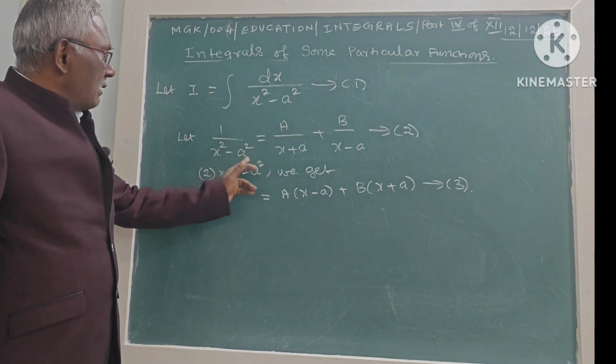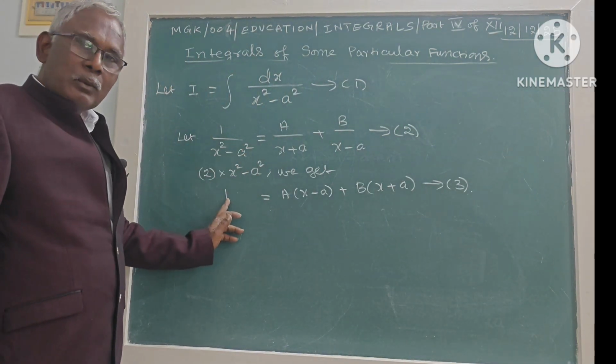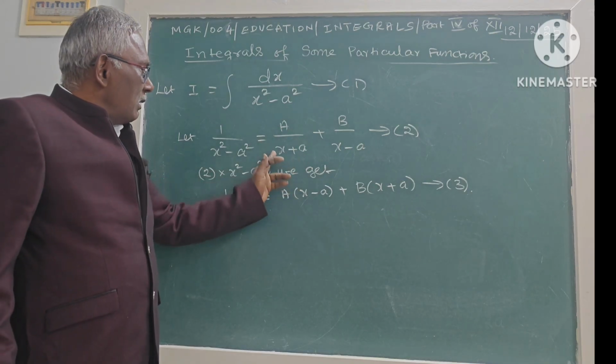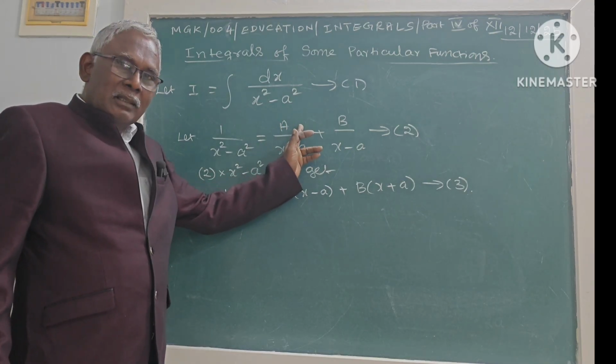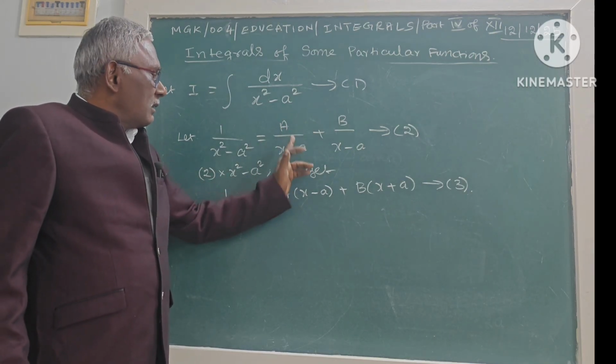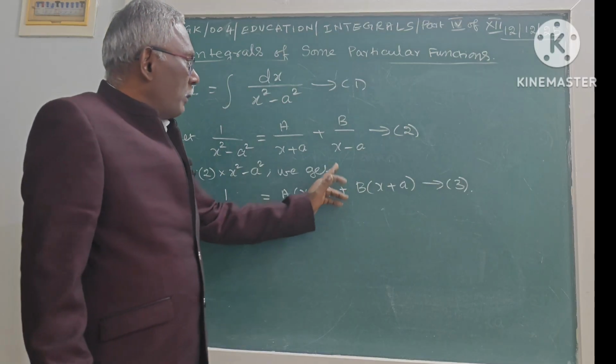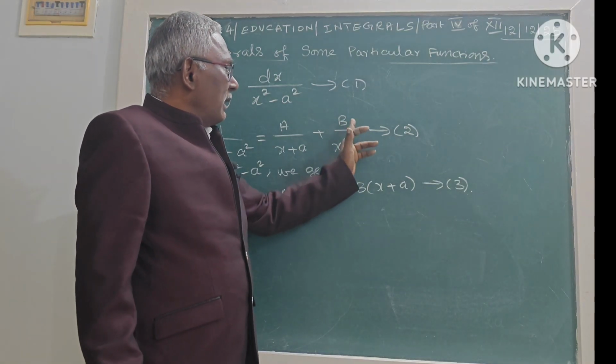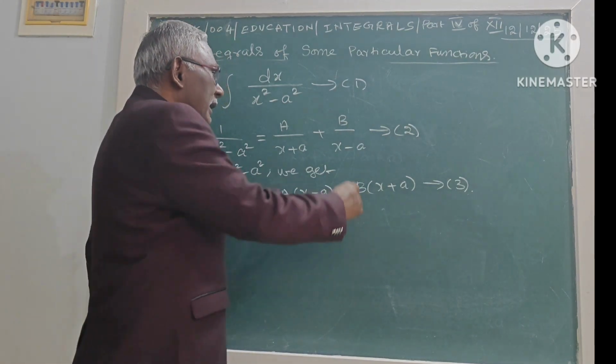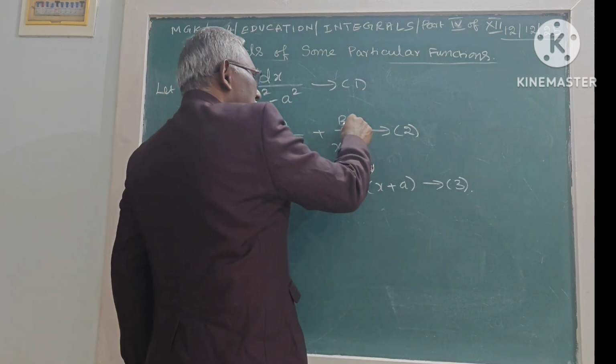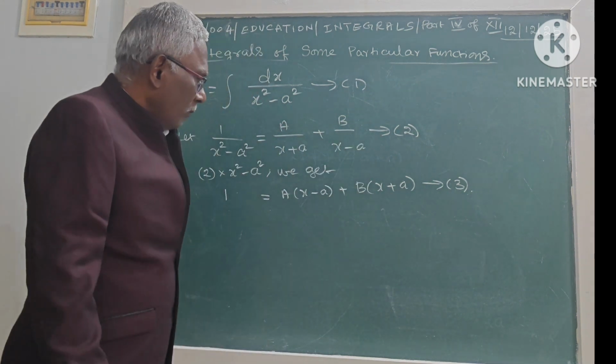When you multiply the first term by x square minus a square, x plus a gets cancelled and x minus a comes here. Again, if you multiply the second term by x square minus a square, x minus a gets cancelled and x plus a comes here.